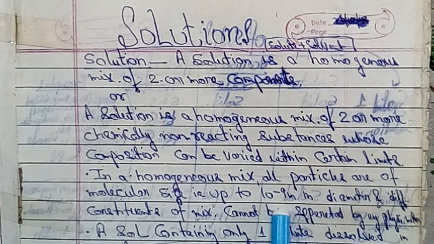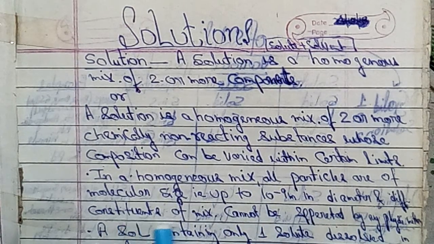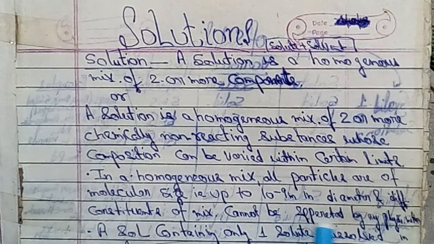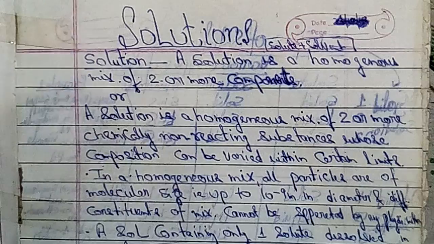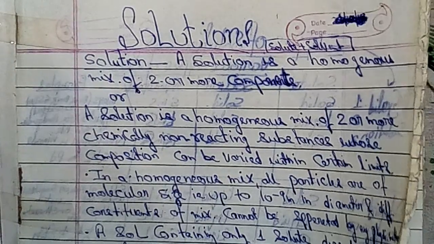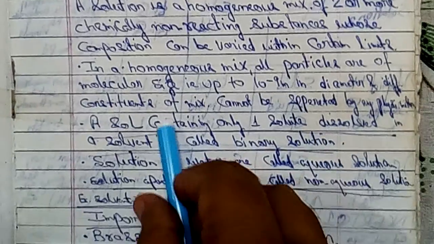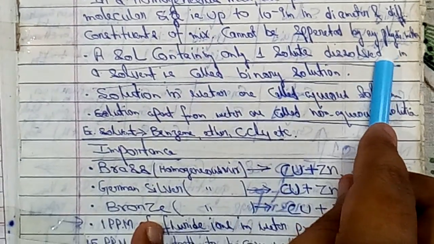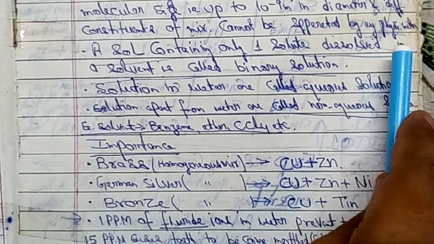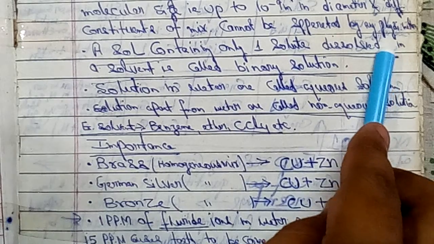The molecular size is 10 to the power minus 9 meter in diameter, and different constituents of the mixture cannot be separated by any physical method. So by physical methods, like hand picking, we cannot separate the homogeneous mixture.